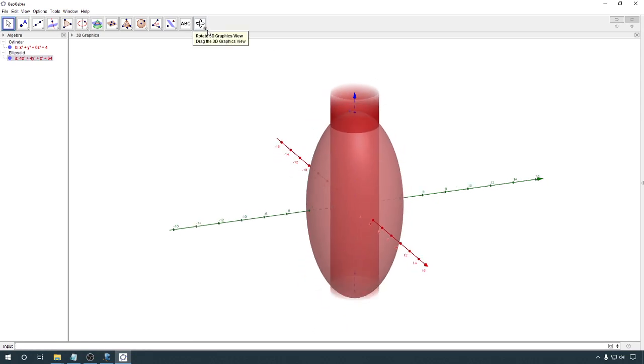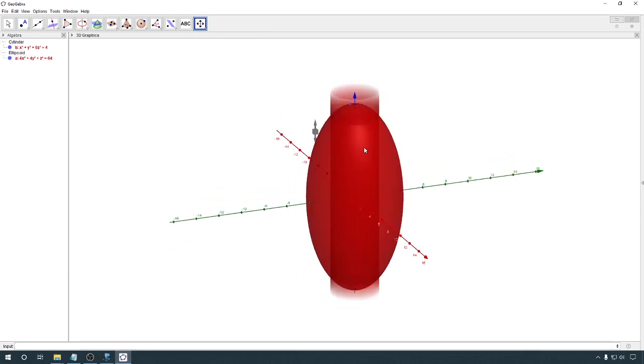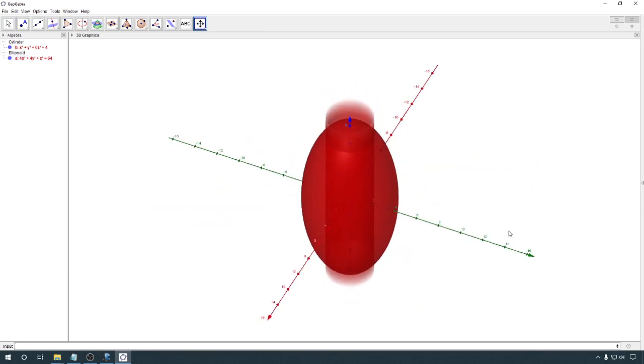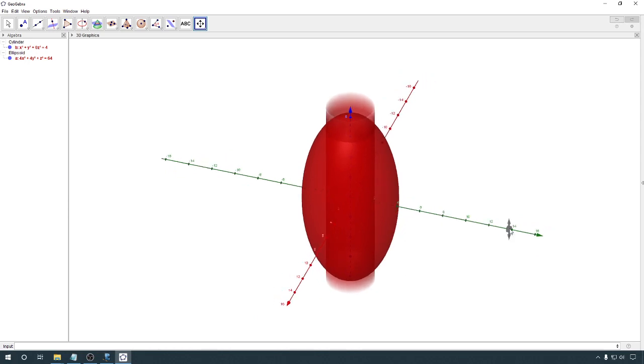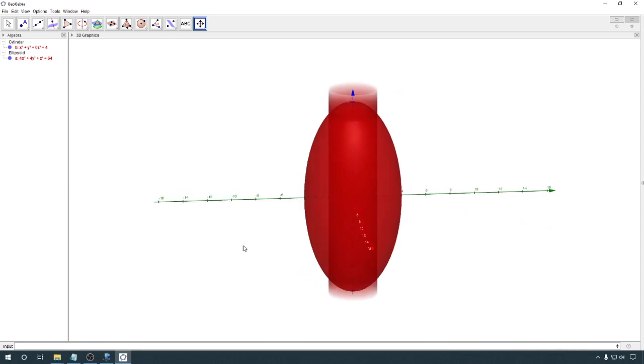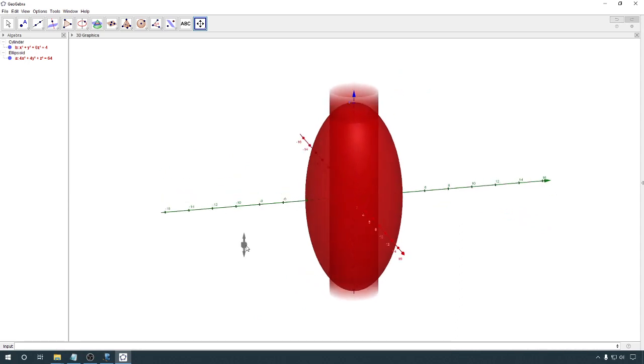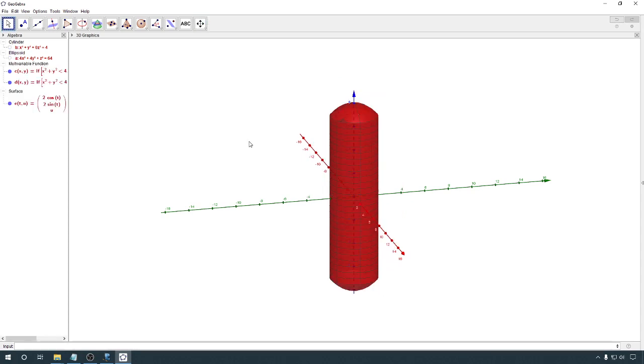I'm going to zoom out a little bit here. So we want to essentially take the intersection of these two things. Maybe that's a little hard to see exactly what it's going to look like because everything's inside of the ellipsoid. So maybe I'll actually cut out the things that we don't need.